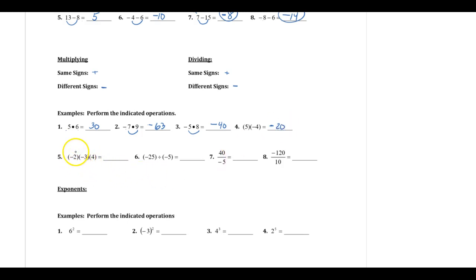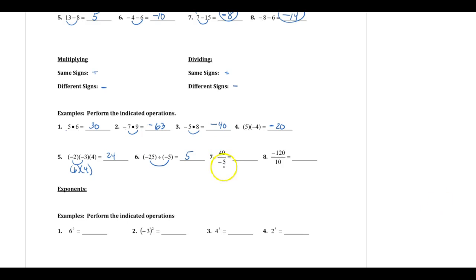Now here, when we multiply two numbers at a time. So when I do negative 2 times negative 3, I get positive 6. Now, times positive 4 would give me 24. Negative 25 divided by negative 5. I have same sign, so it's going to be positive. And what is 25 divided by 5? 5.